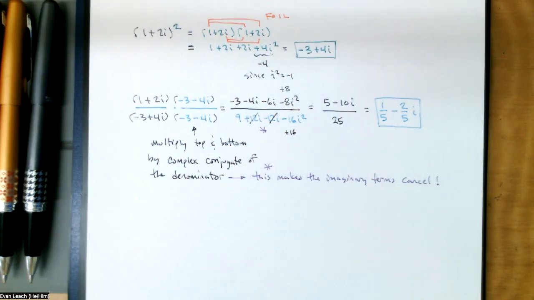This makes the imaginary terms cancel, so we get a real number in the denominator. We just separate out into our complex number form, a plus bi.